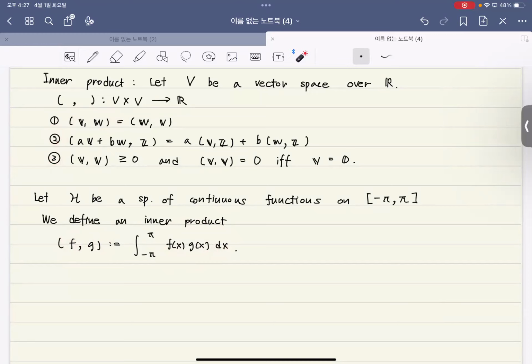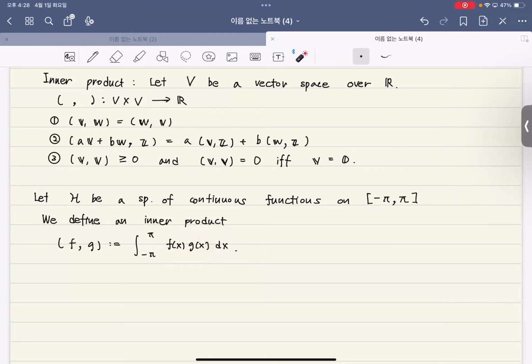And condition number 3 is also true, because suppose that you plugged in two same functions, f comma f, and suppose that this equals 0. Then f times f, which is f squared, is the integrand of this integral. And we also know this is continuous.